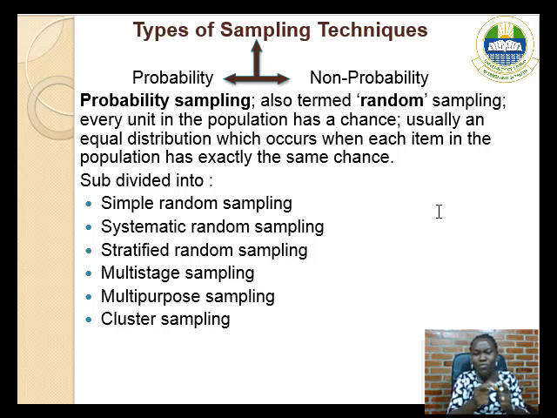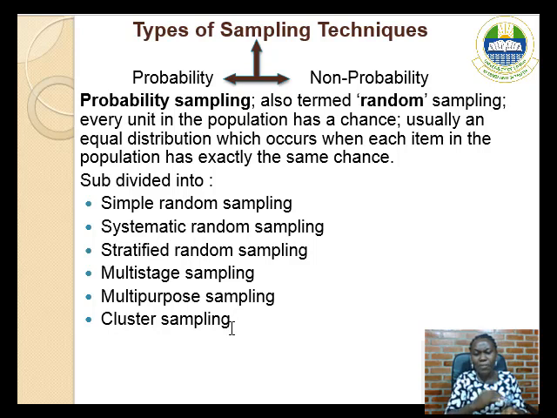Each of the samples in the population has equal chance, and that is probability. It can be subdivided into the simple random, the systematic random, the stratified random, the multi-stage sampling, the multipurpose sampling, and also the cluster sampling.